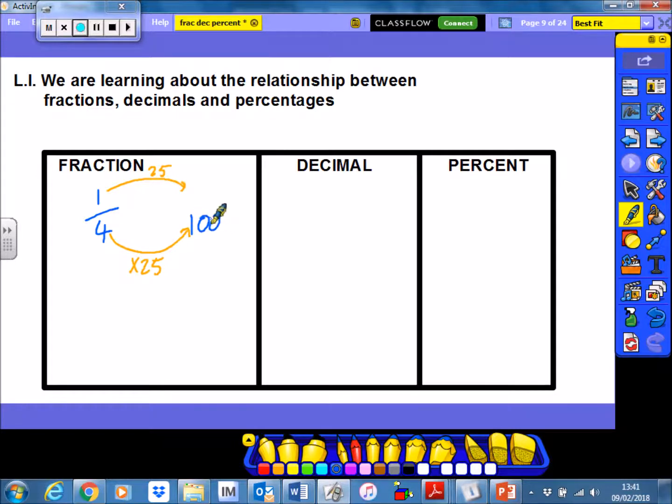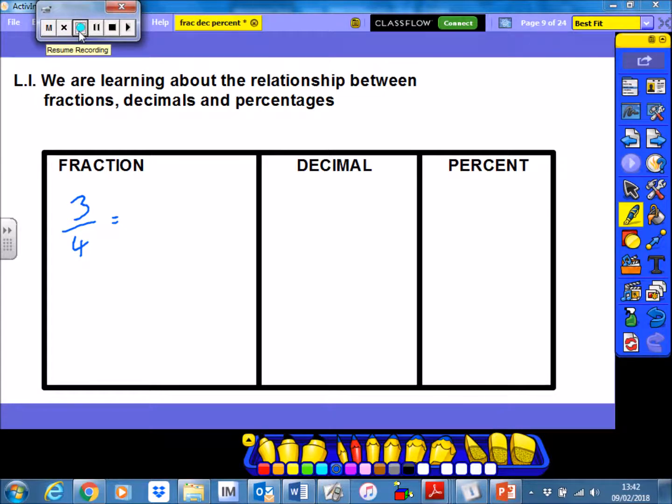So what I get now is a bottom number that's 100 and a top number that is 25, which means that we have 0.25 as our decimal, and 25% as our percentage.